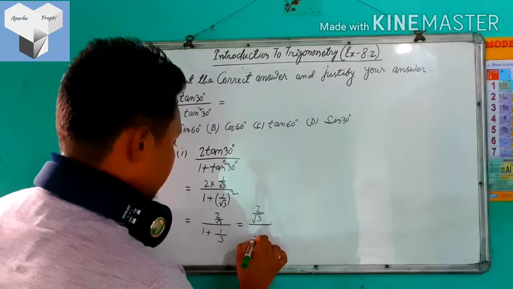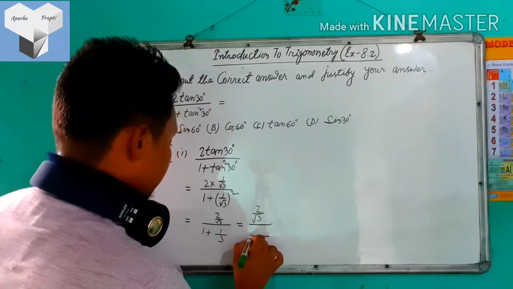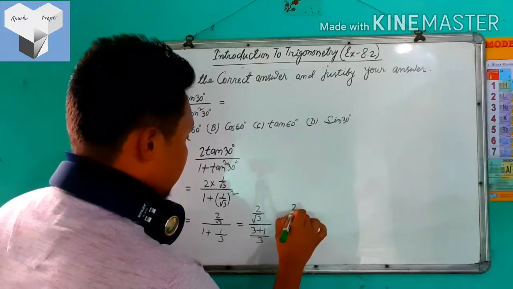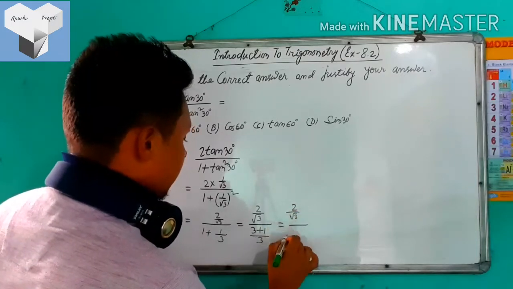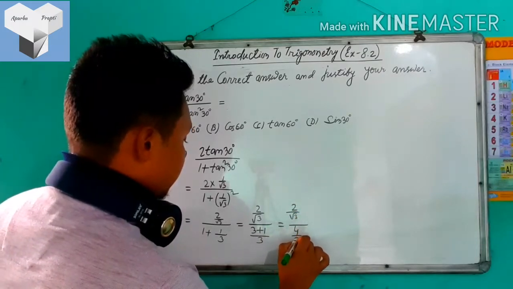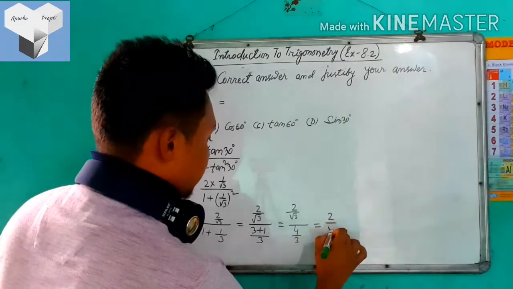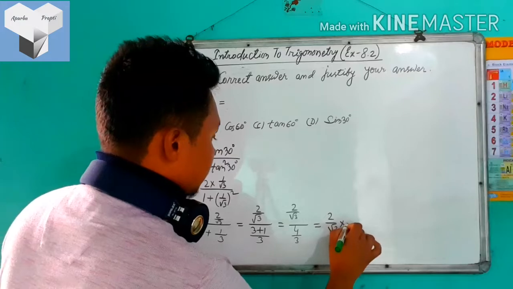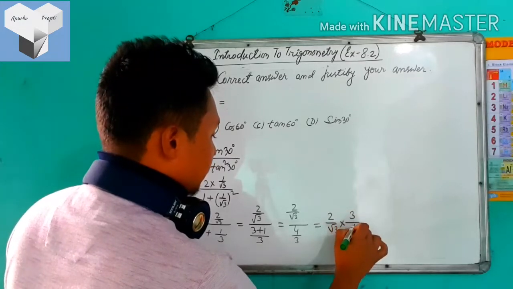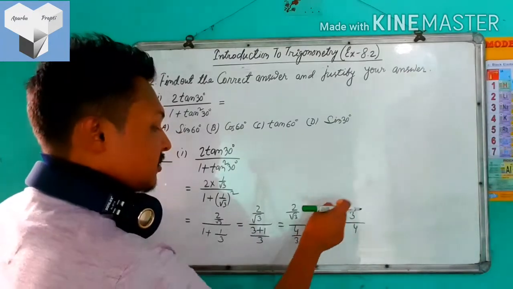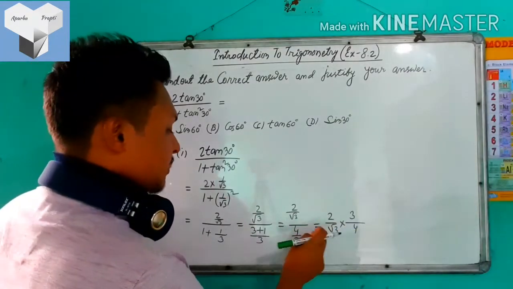Taking LCM, it will be LCM 3, and it will be 3 plus 1, and that is 2 by root over 3 divided by 4 by 3. That means it will be 2 by root over 3 into 3 by 4. Okay, so when multiplied, the numerator becomes denominator and denominator becomes numerator.